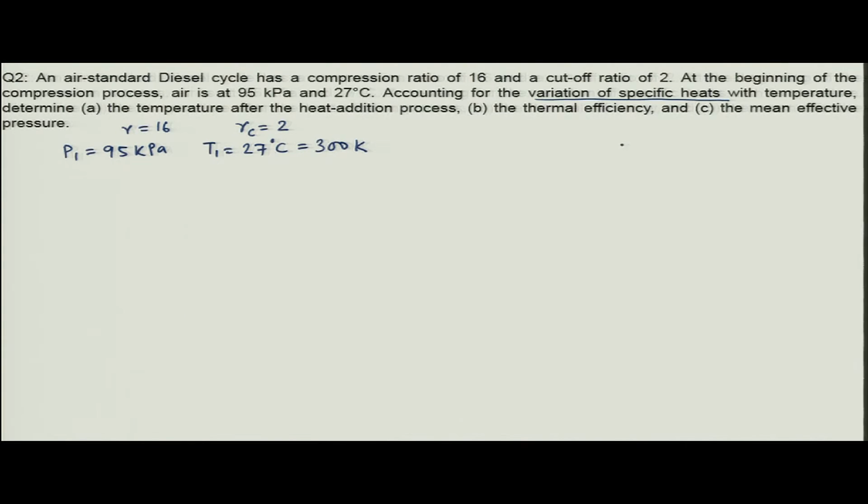So, basically we have to draw the cycle again. Always first start with the PV diagram. Here, 1 to 2 is your isentropic compression process, 2 to 3 is your constant pressure heat addition, 3 to 4 is an isentropic expansion process, and 4 to 1 is a constant volume heat rejection.